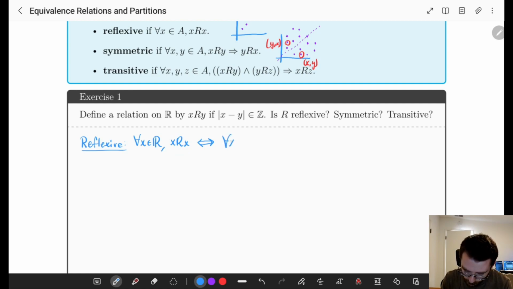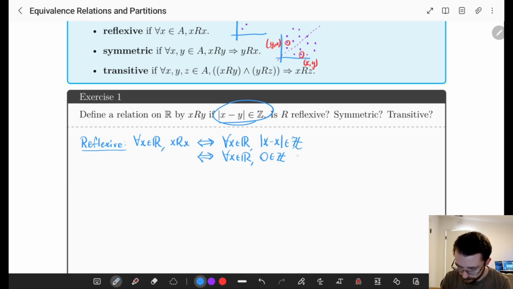So that would mean for all x in the real numbers, x being related to x would mean the absolute value of x minus x is an integer. But x minus x is 0. The absolute value of 0 is 0, and 0 is an integer. So this is just a true statement, but it's equivalent to reflexivity. Therefore, reflexivity gets a check. It is.